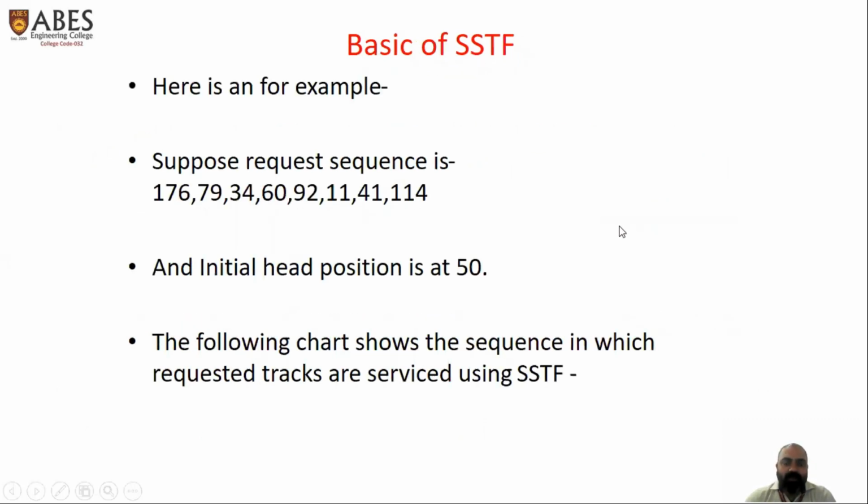To understand better how the SSTF scheduling algorithm works, we take a sequence like 176, 79, 34, 60, 92, 11, 41, and 114. The current head position is at 50.